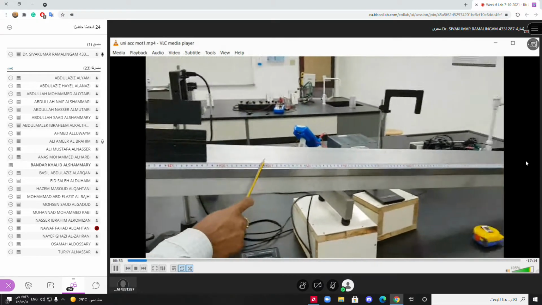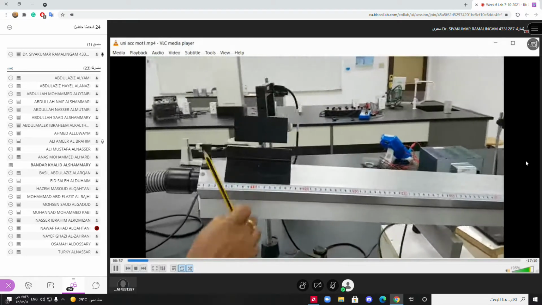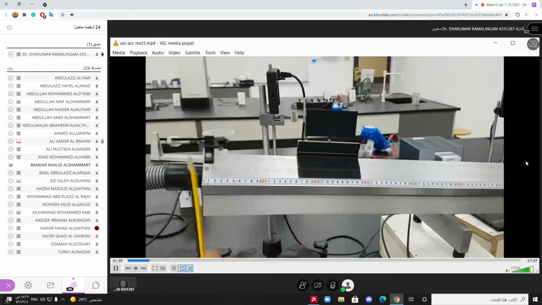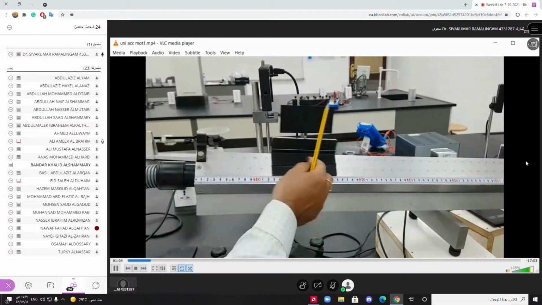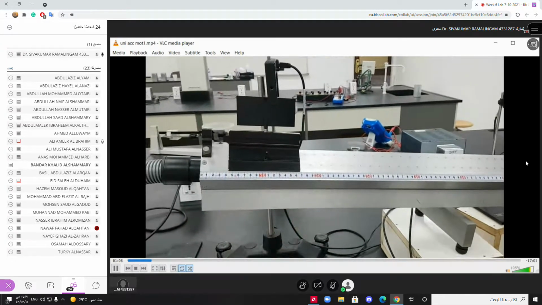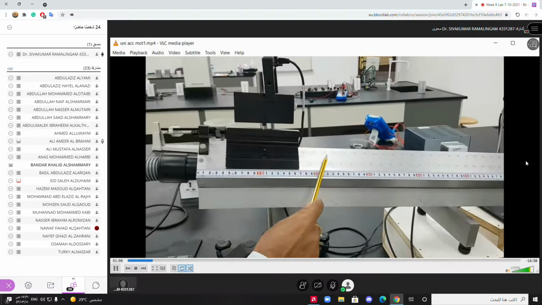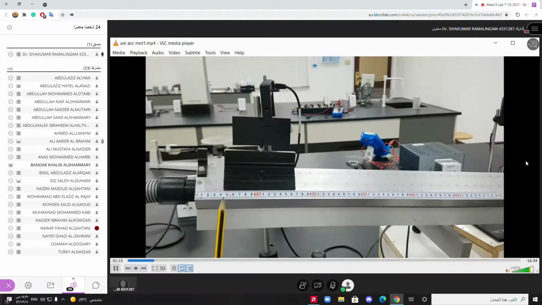This is the air track and the glider, and the glider can glide due to the gravitational force only. Now the glider cannot move easily because there is friction between the glider and the surface. I want to cancel the friction. How can I cancel the friction?